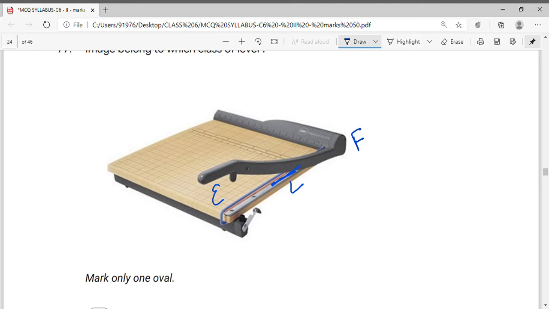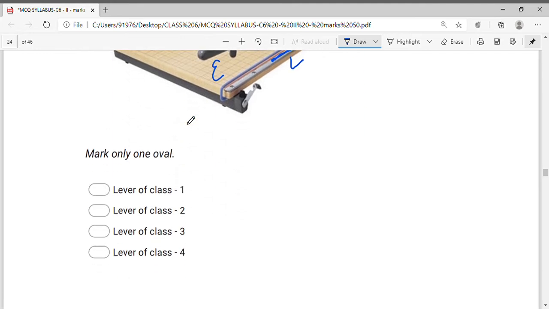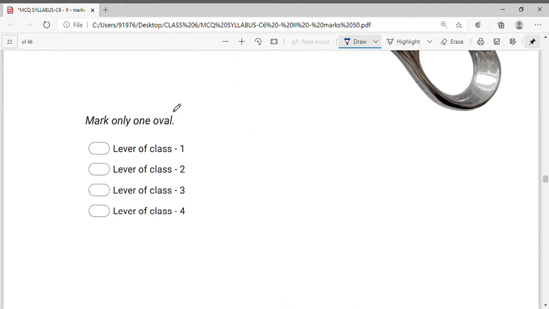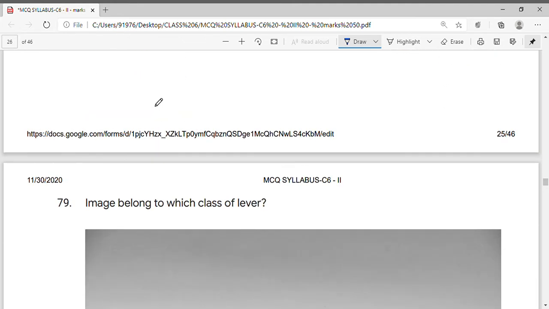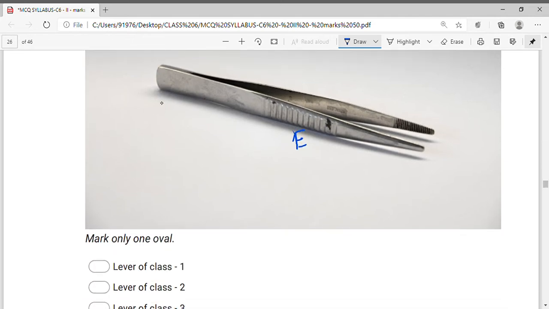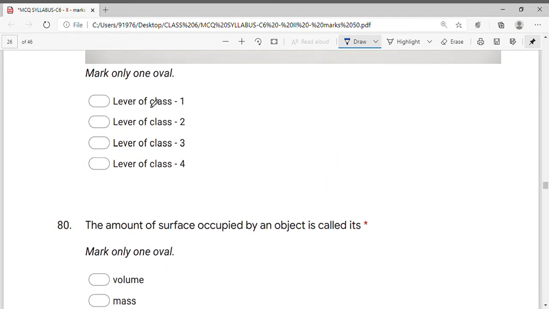The load is in between effort and fulcrum, so it's a class 2 lever. Scissors, fulcrum in between, class 1 lever. Forceps, effort is in between, so it's a class 3 lever.